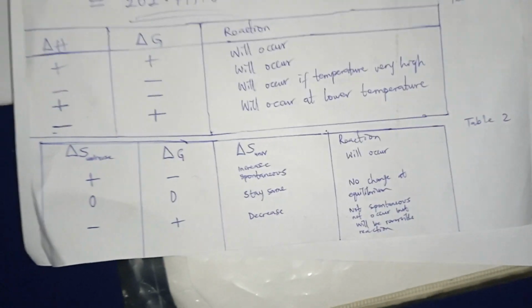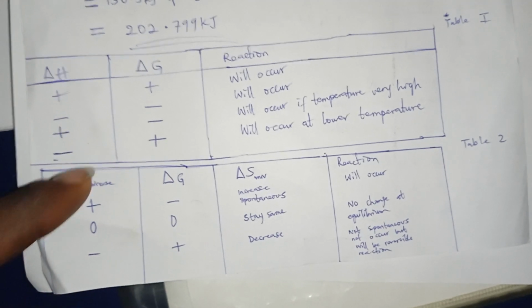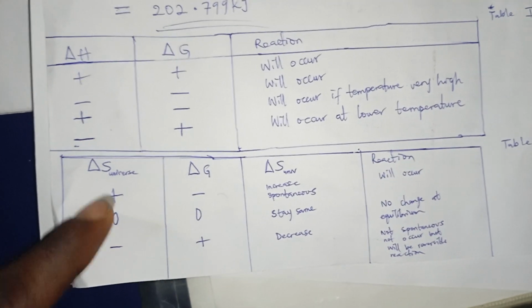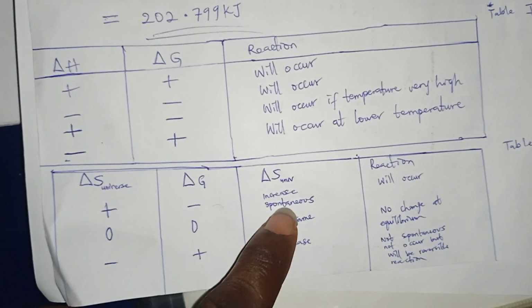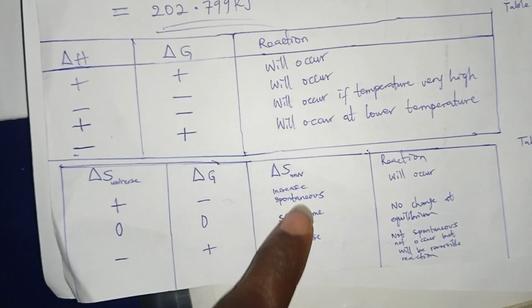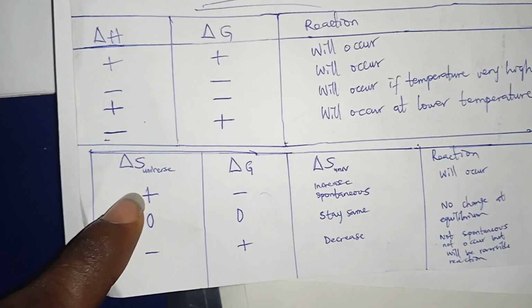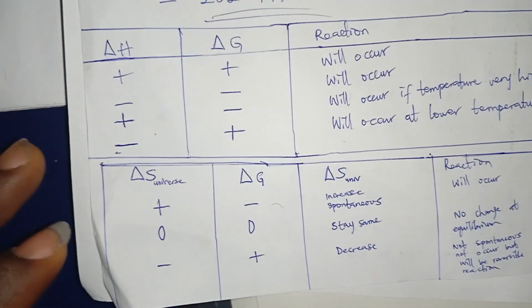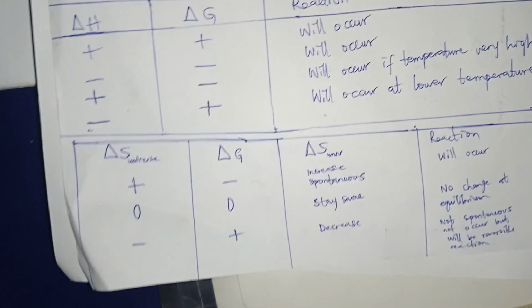Then for the universe, table 2, when we have the entropy of the universe against Gibbs free energy, when the entropy of the universe is positive and Gibbs free energy is negative, it means an increase in spontaneity. It means for it to be negative, it is not being affected by the universe, it is happening on its own, so the reaction will occur. Now when it's 0 and this is 0, no change will occur.